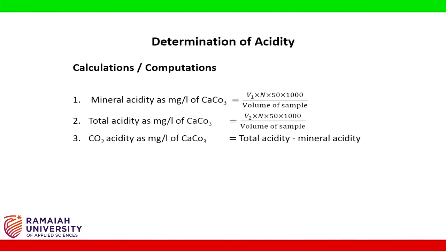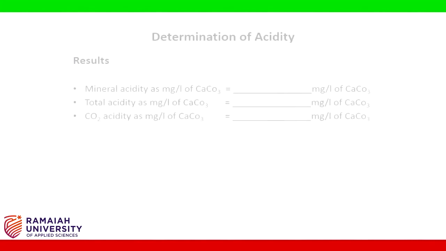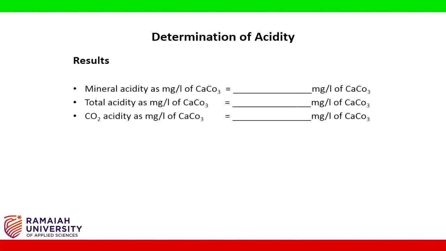Carbon dioxide acidity as milligram per liter of CaCO3 is equal to total acidity minus mineral acidity. The results of mineral acidity, total acidity, and carbon dioxide acidity as milligram per liter of CaCO3 are presented.